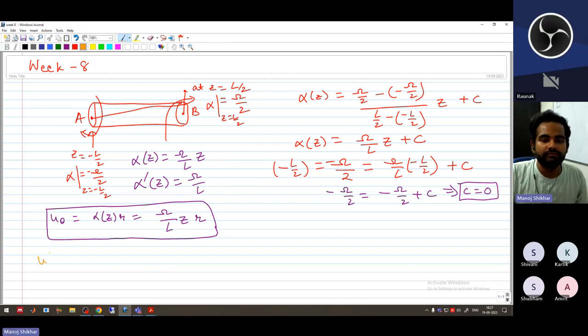If we say u prime z is a constant, that is say epsilon. So this means that uz is epsilon times z plus some constant c. Okay.